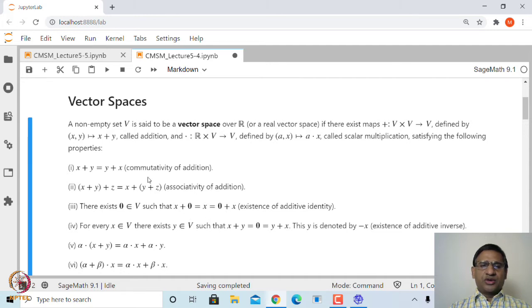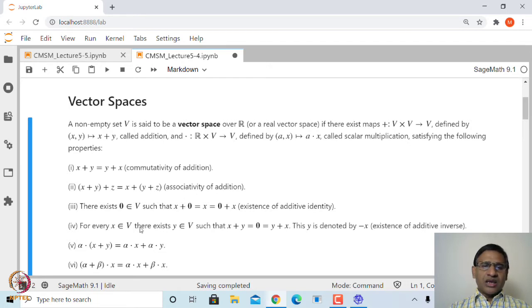Similarly, because of the commutativity, 0 plus x is the same as x plus 0. So, 0 plus x should be equal to x, which is also equal to x plus 0. This 0 is called the additive identity. That means there exists an additive identity in V.